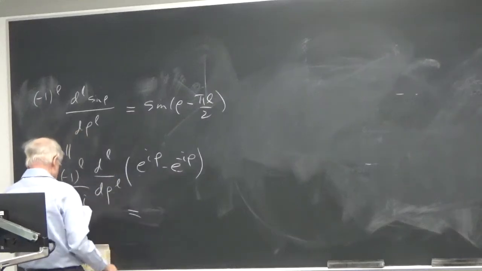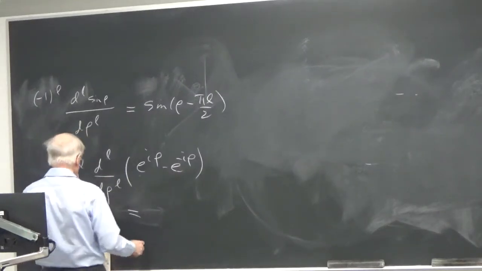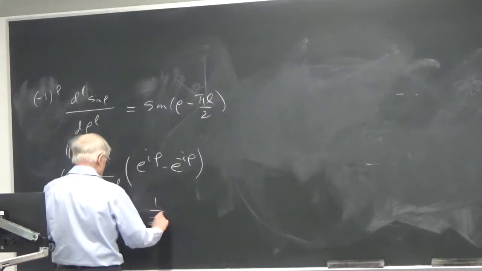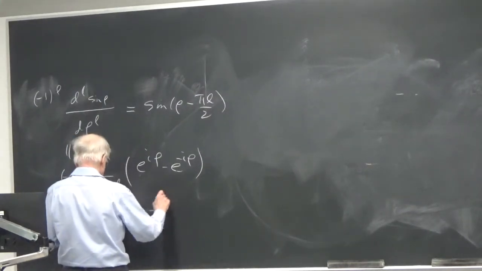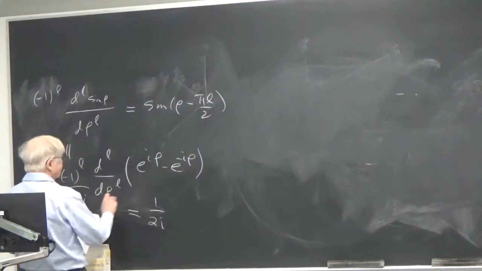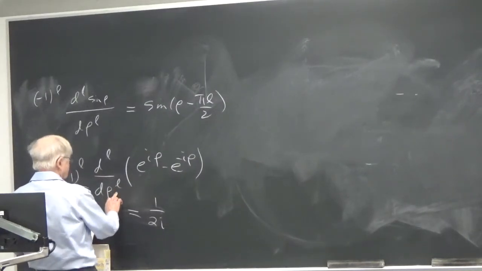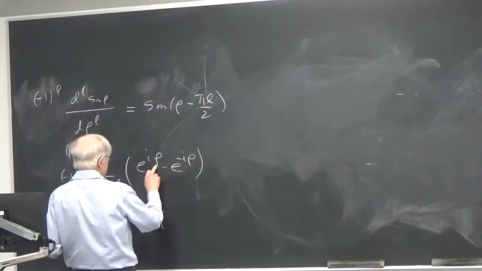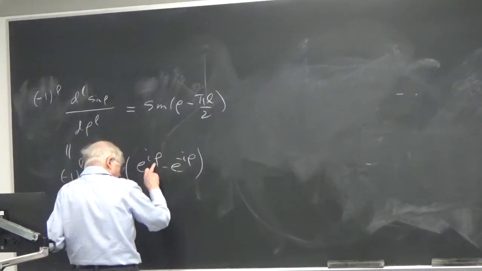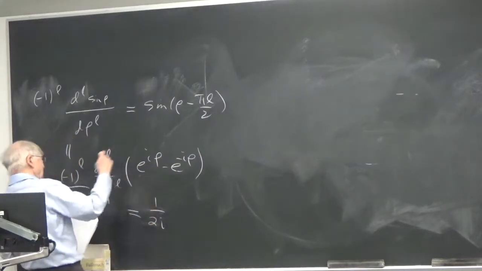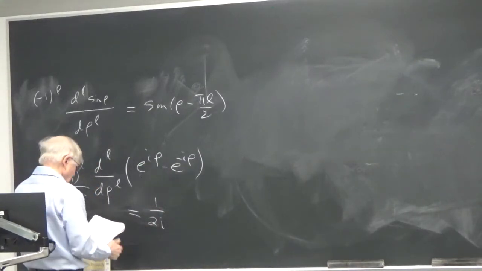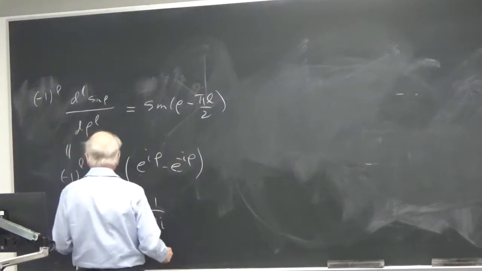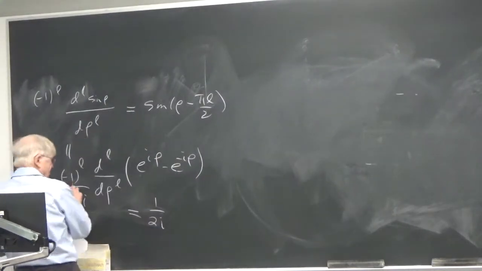So this expression here then is 1 over 2i. If we differentiate this L times with respect to ρ, we bring down i to the L. And then we have a (-1)^L.